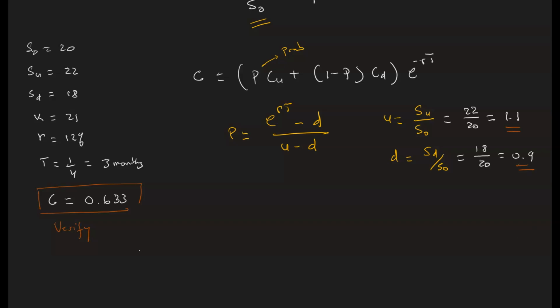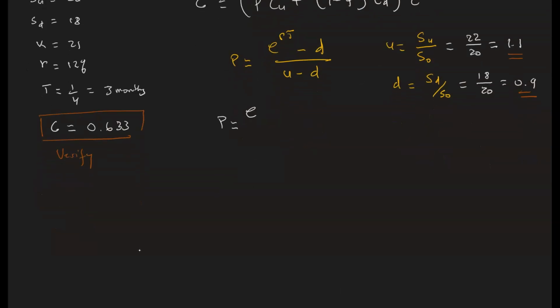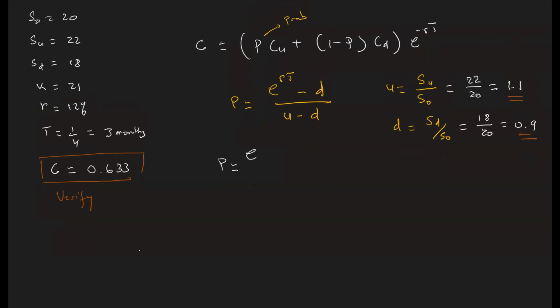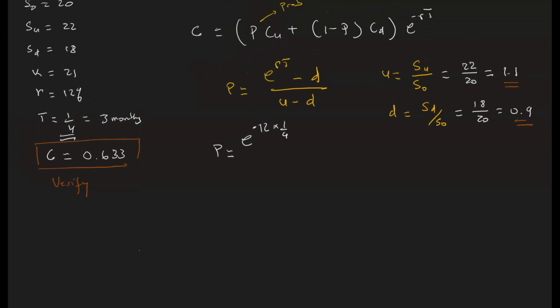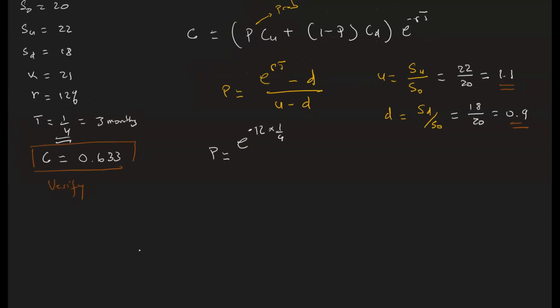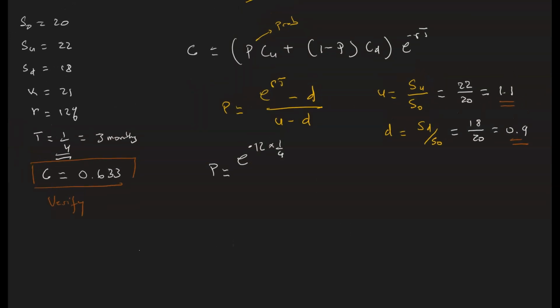So P, which is our probability here, is going to be equal to the exponential of the interest rate, which is 12%. So that's going to be 0.12 multiplied by 1/4, because that's T, minus D, which is 0.9, divided by U, 1.1, minus D, 0.9.